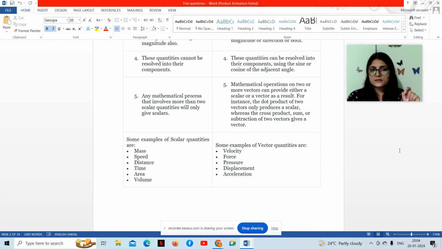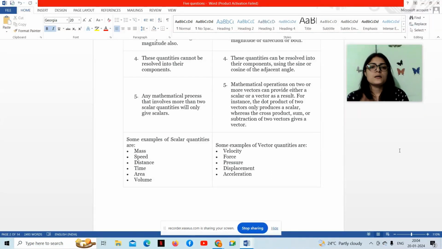But when it comes to vector quantities, if we perform any mathematical operation on two or more vectors, it can provide either a scalar or a vector as a result. Like the dot product of two vectors only produces a scalar, whereas the cross product, sum or subtraction of these provide a vector.